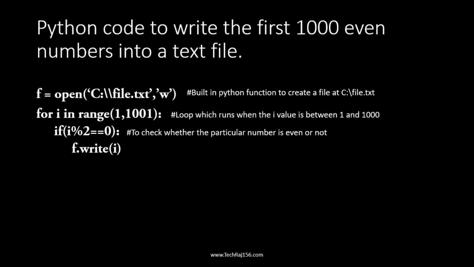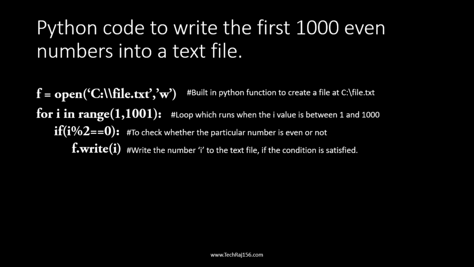So now let's come back to the code again, and the last line, which is the fourth line, is actually a write function. What it does is, if the condition is satisfied, which means if i is found to be an even number, then we are executing the last line. The last line writes the number i to the text file.